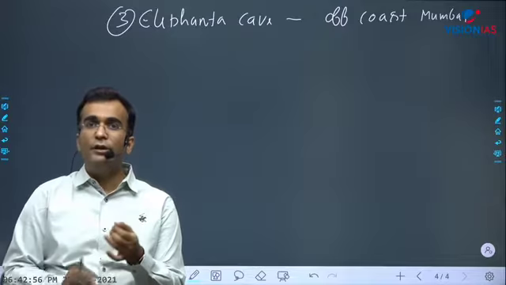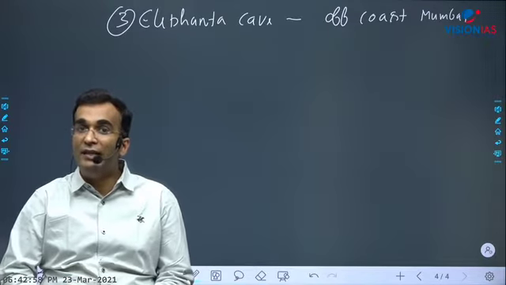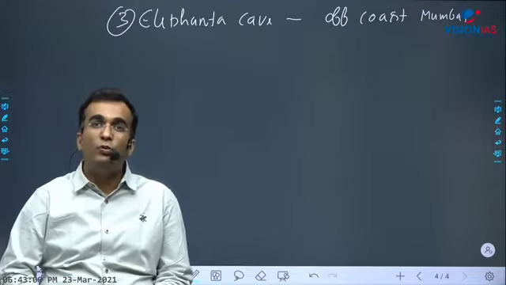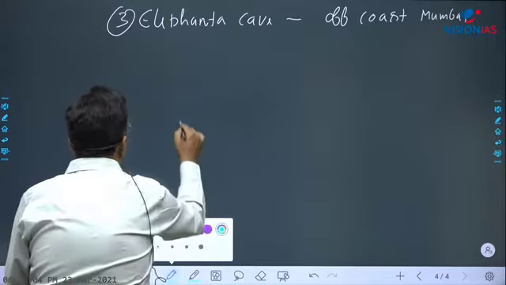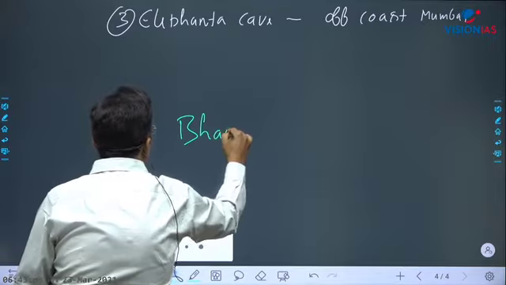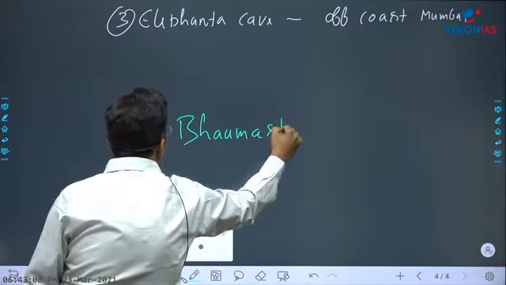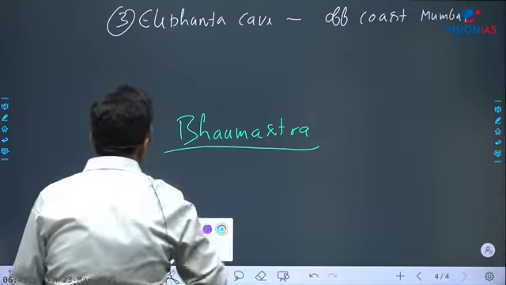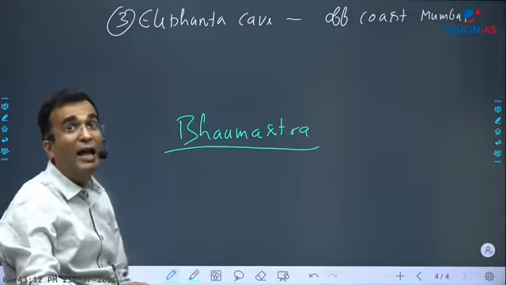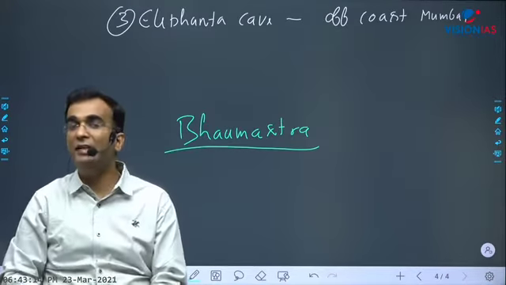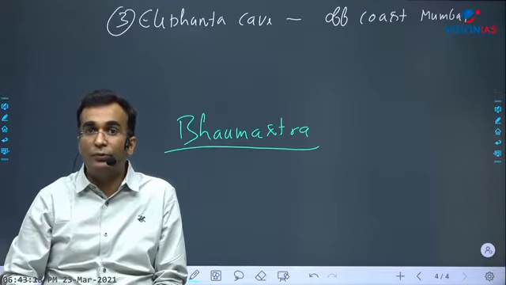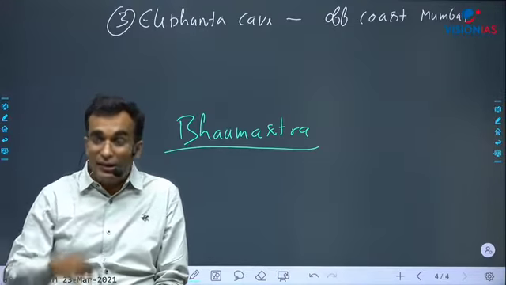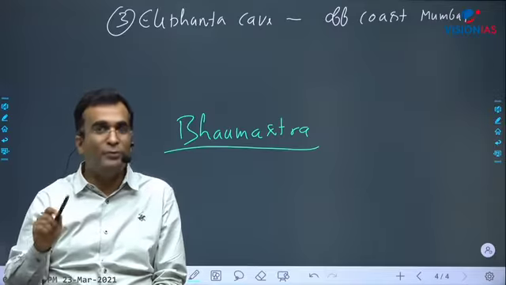According to the concepts mentioned in the Vedic text, there was one instrument called Bhaumastra, which was used for cutting stone.